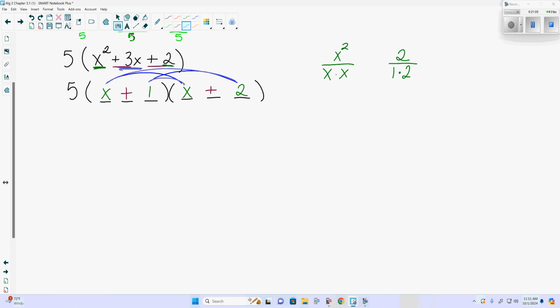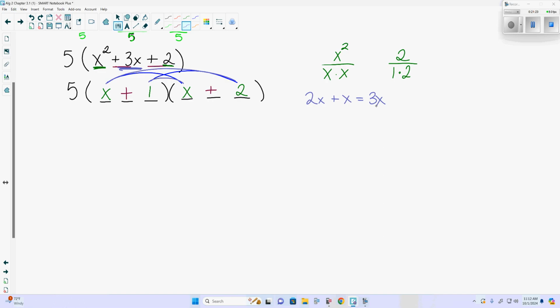Okay. Because our 2 times x would be 2x. Our 1 times x is plus x. And 2x plus x is 3x. Is that the middle term that we have? Yes.